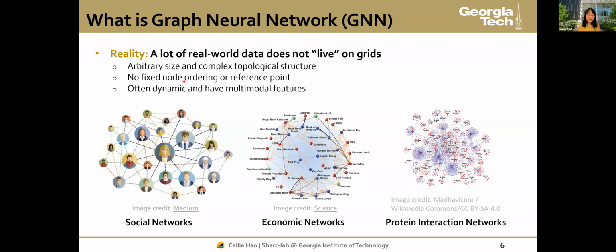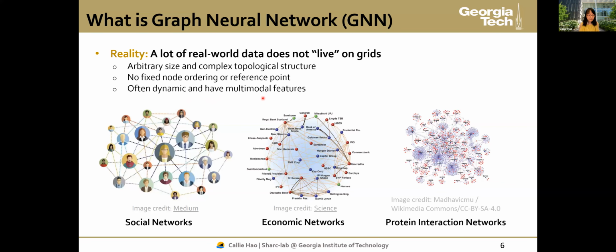They have arbitrary size and complex topology structures, and there's no fixed node ordering or reference point. Every node can be the root node, every node can be the node of interest. Also, these graphs are often dynamic and have multi-modal features. This makes the problem even harder.